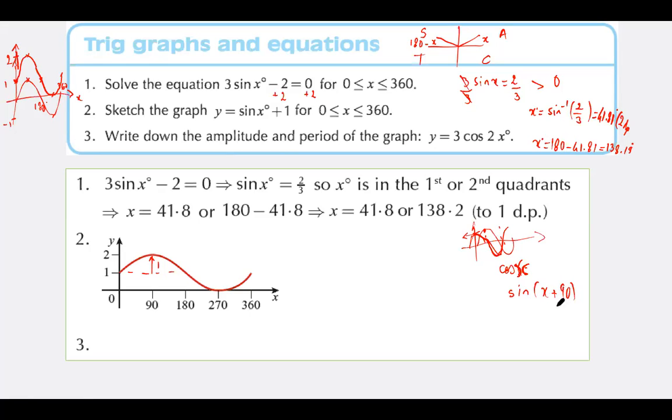Shifted to the left, you add 90. It's plus 90. So if you remember the sine signal, and you know how to shift them to the left plus or to the right, then you should be okay.